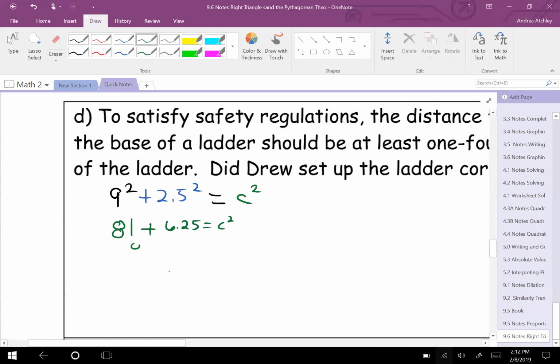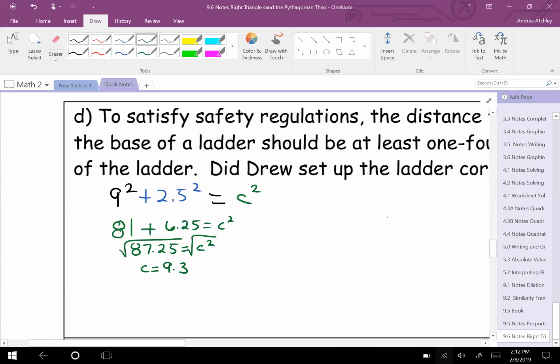That's going to be 87.25 equals c squared. We're going to square root, and I'm going to get c equals 9.3. Okay, so c equals 9.3.